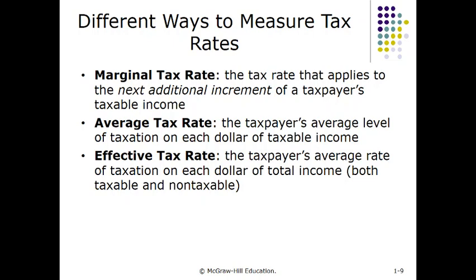And for the marginal tax rate, it can help you to plan how to structure things. And so the marginal rate is the tax rate that applies to the next additional increment of a taxpayer's income. If you will, it's the tax rate that you would pay on the next dollar or group of dollars.